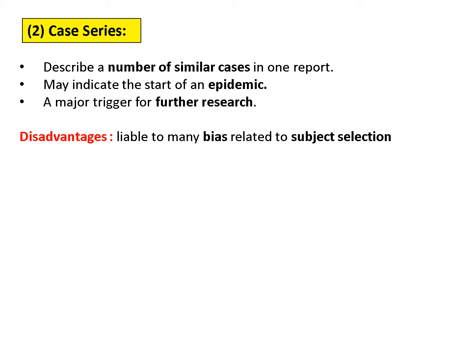You just describe it and later on further research can do analysis. The disadvantage of the case series, of course, is that it is liable to many biases related to subject selection, because we select only the cases which have similar features.